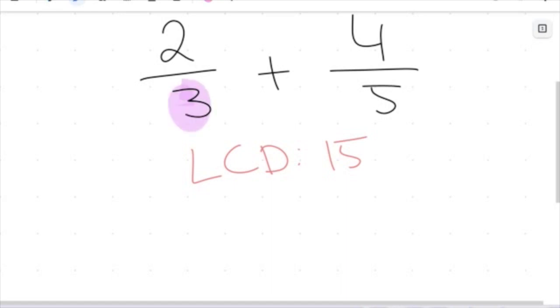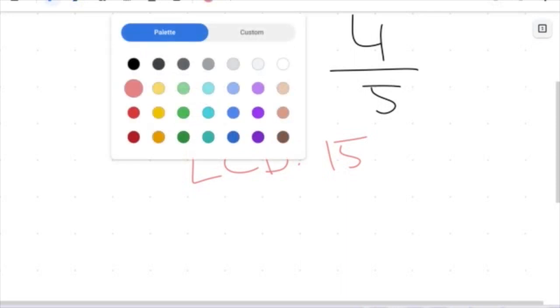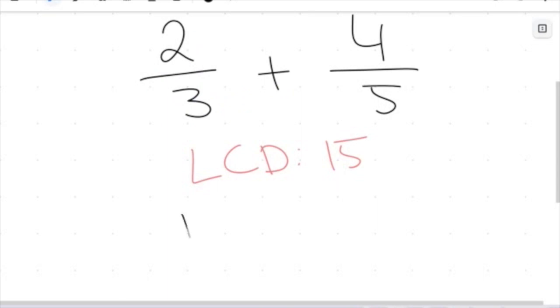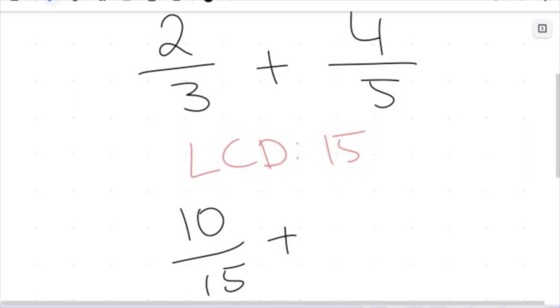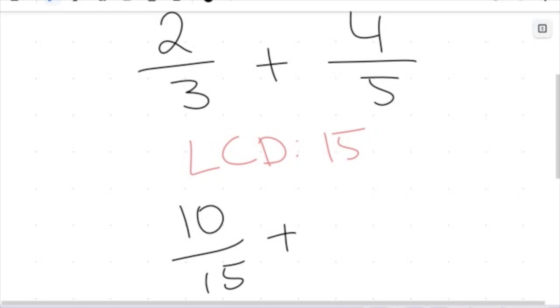To get 3 to 15, we want to multiply by 5. And because it's an equivalent fraction, what we do to the bottom, we do to the top. So multiplying both of those by 5, we get 10 over 15 plus, and here we want to get 4 over 5 to an equivalent fraction with 15 as the denominator.